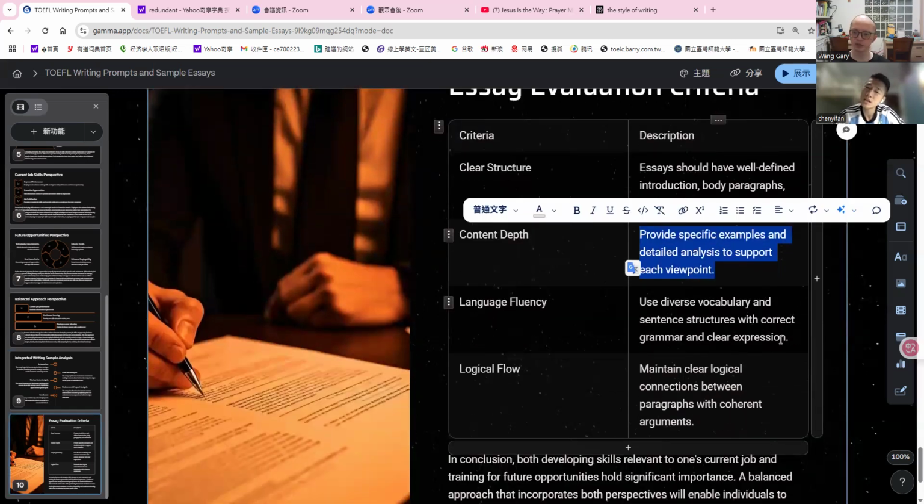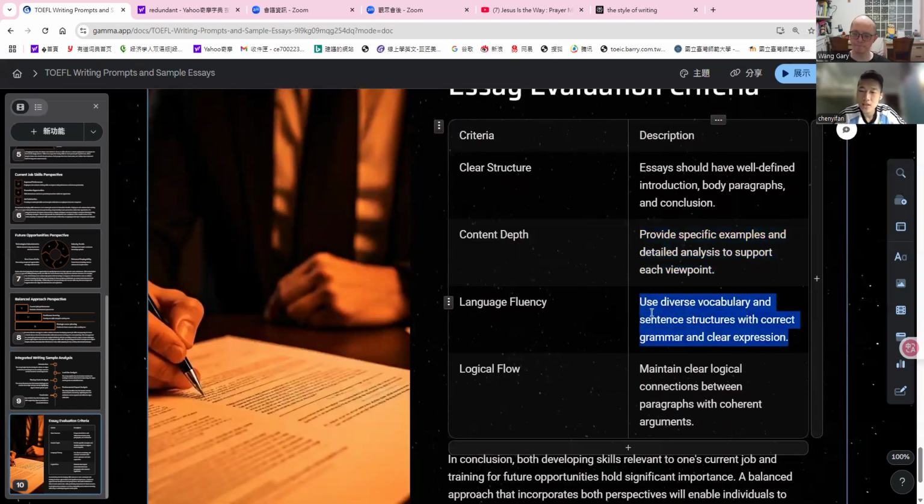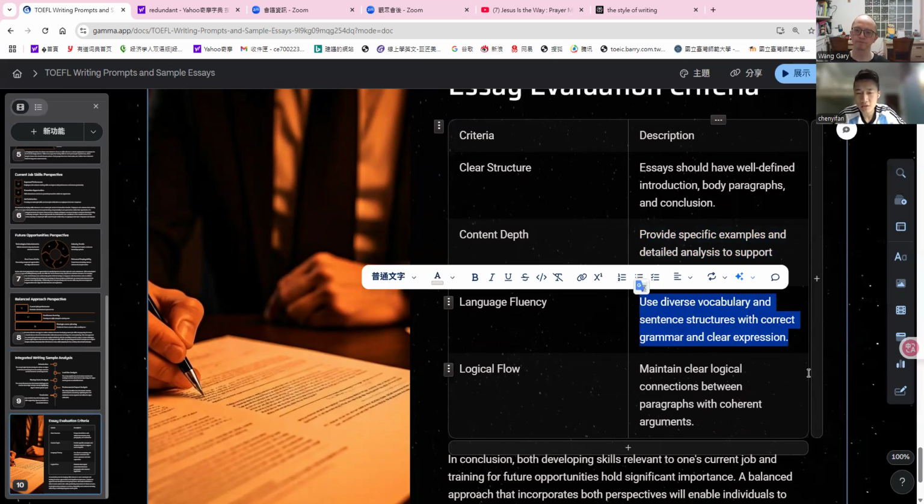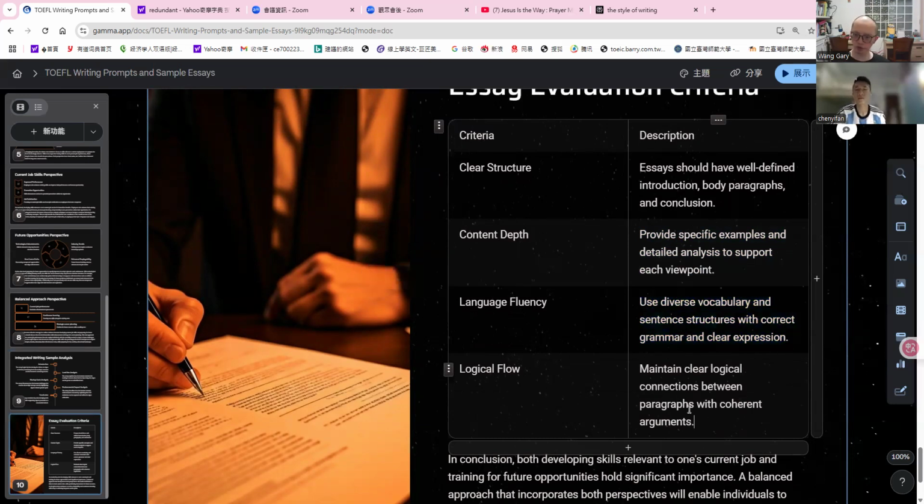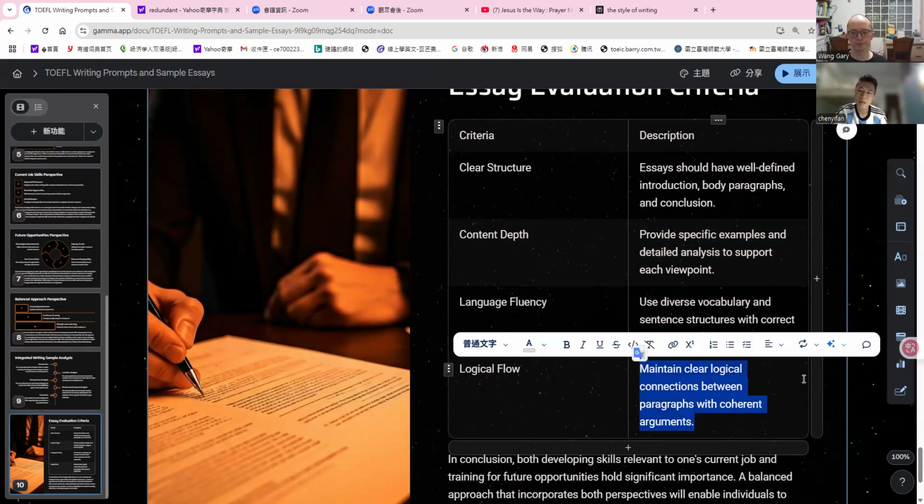Language fluency: use diverse vocabulary and sentence structures with correct grammar and clear expression. Logical flow: maintain clear logical connections between paragraphs with coherent arguments. Okay. Good. That's about it.